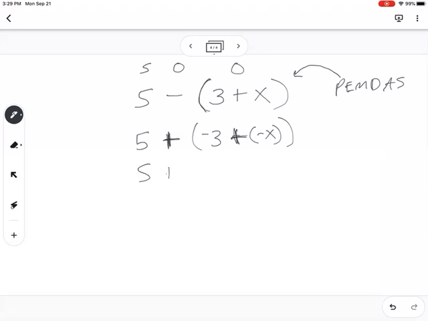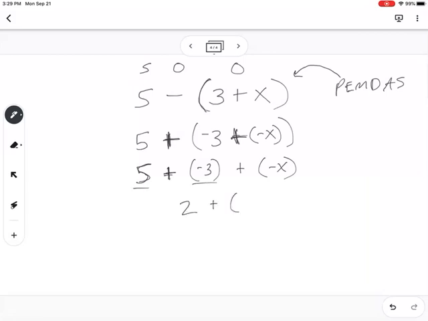The order doesn't matter. And so really what we're just looking at here is 5 plus negative 3 plus negative x. I put the negatives in parentheses whenever they come after a plus or minus symbol, just to make it clear what the plus symbol is and what the negative symbol is.